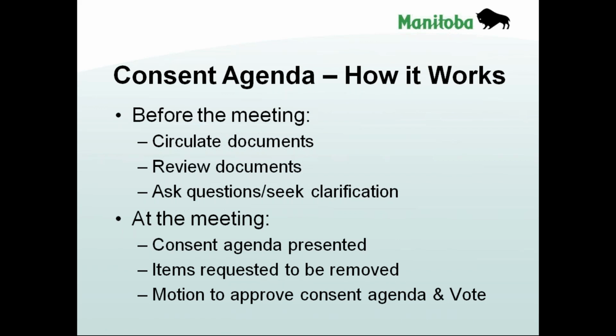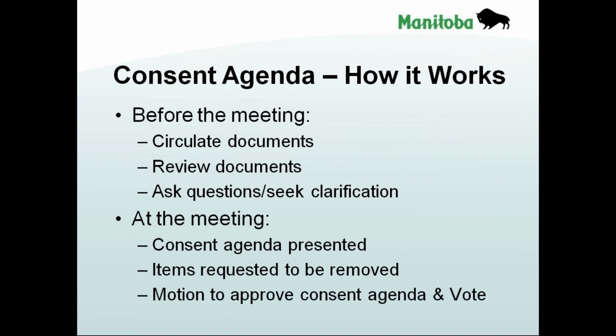How does the consent agenda work? Unlike the traditional agenda, much of the work is done before the meeting by the participants. Prior to the meeting, board members receive all supporting documentation of items to be included in the consent portion of the agenda. The expectation is that participants have reviewed the information and asked any questions or sought clarifications required on these items prior to the meeting.